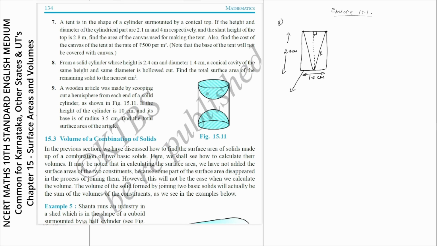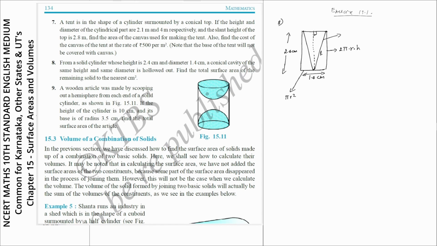The base of the solid is a circle, so area of that circle is given by pi r square. Now what is the curved surface area of the cylinder given by? It is given by 2 pi r into h, where h is 2.4 centimeter. Now what is the curved surface area of the cone?